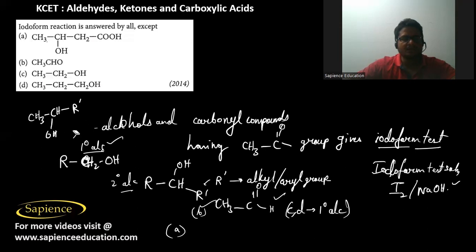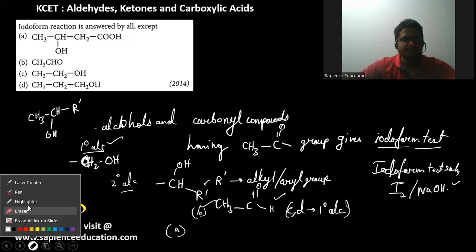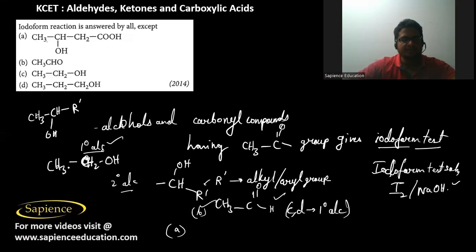Not all alcohols, only alcohols having CH3CHOH at the end, and this R dash can be an alkyl group or aryl group.